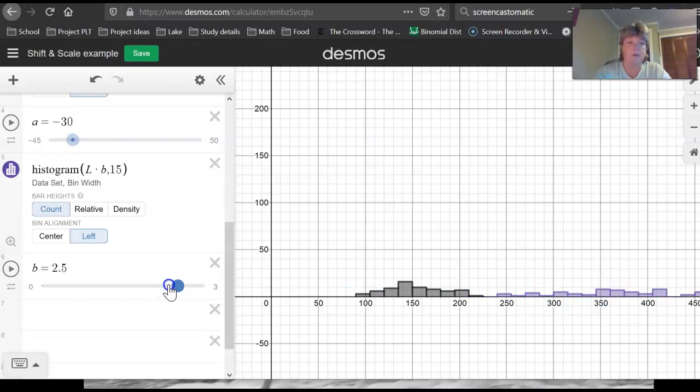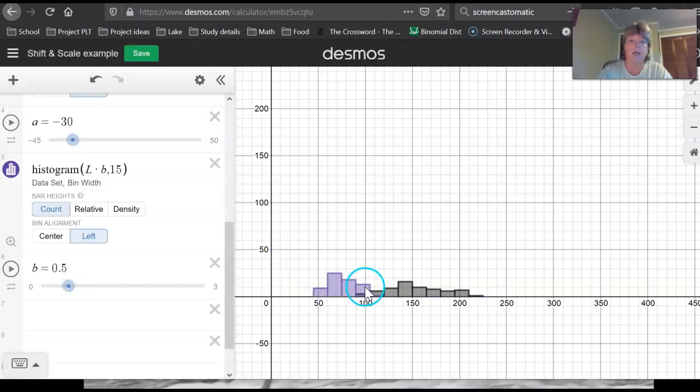This is getting way more spread out than it was before. I think it's probably gone off the screen, but you can see again, as I multiply by a constant, the distribution is getting moved away from the origin, but more importantly, it's getting more spread out. Whereas when I added a constant, it didn't get more spread out, it just shifted back and forth. So this one is shifting, but it's also spreading out. And if I multiply by something less than 1, it's going to get more compact, down to 0.